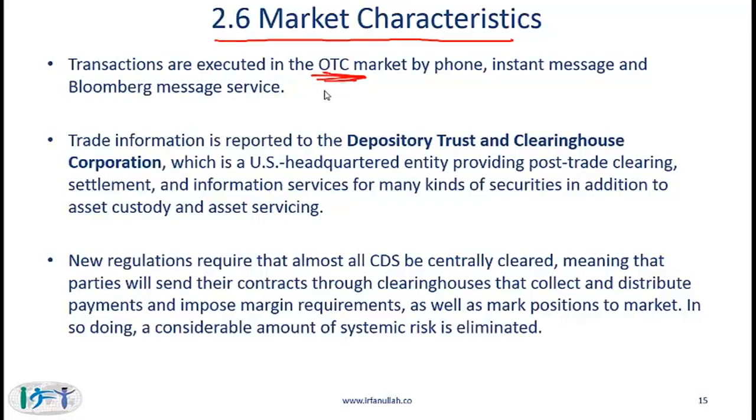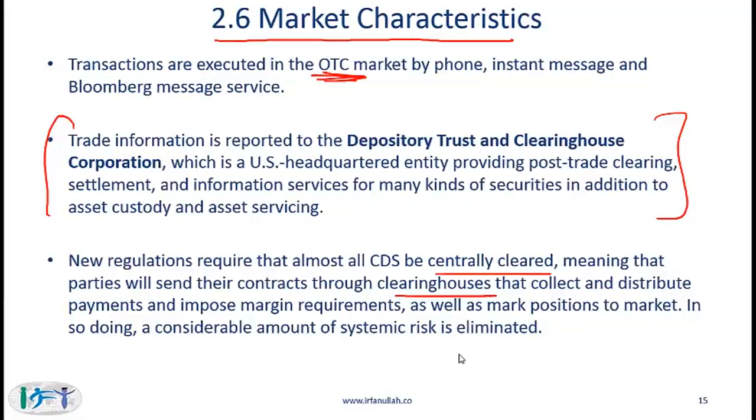So even though this is considered an OTC market, there are some aspects of an exchange. In fact, new regulations require that almost all CDS be centrally cleared, meaning that the parties will send their contracts through clearing houses that collect and distribute payments and impose margin requirements, as well as mark positions to the market. In so doing, a considerable amount of systemic risk is eliminated.